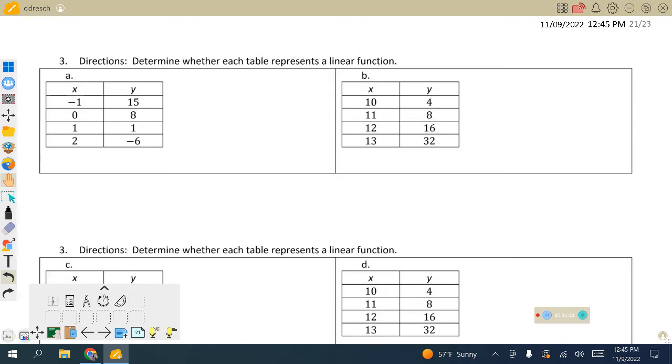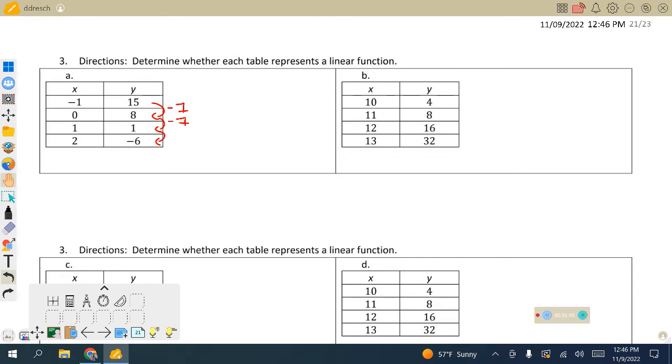Alright, Ari. What did you say for that first one there, letter A, yes or no? Yes. Yep. So what I saw in Ari's paper is exactly what I'll be looking for on yours. How are you moving? Check. 15 to 8 is going down by how much? And see if I get the consistency there. -7. 1 minus 8 is also a -7, right?